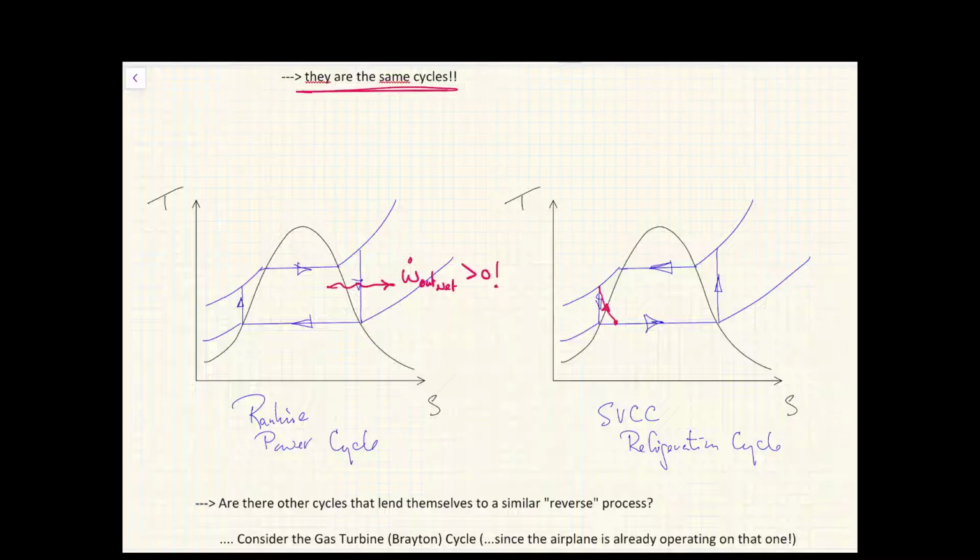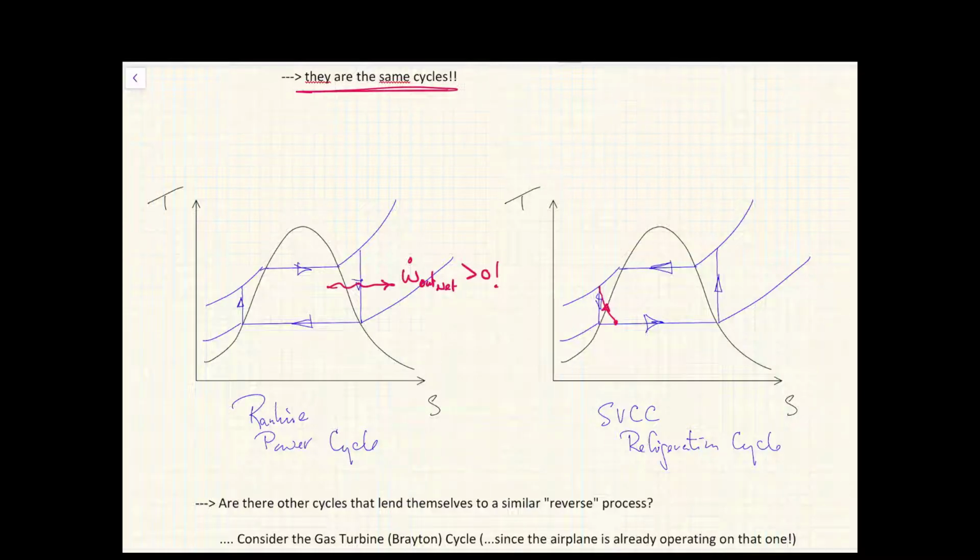But we could make it look this way if we replaced that expansion valve with a turbine. And the parallels are obvious, I think. Because we're running counterclockwise, there is more heat coming into the cycle than there is.